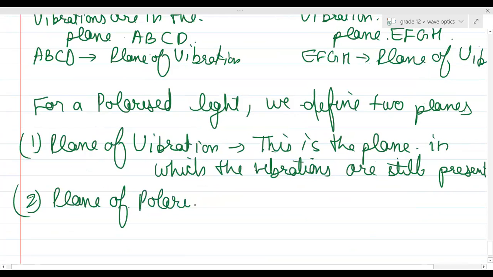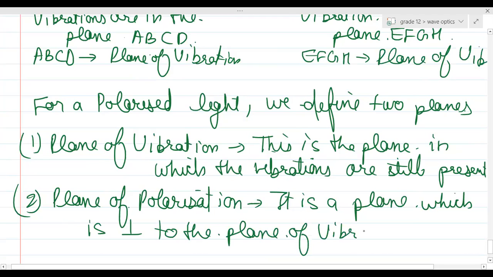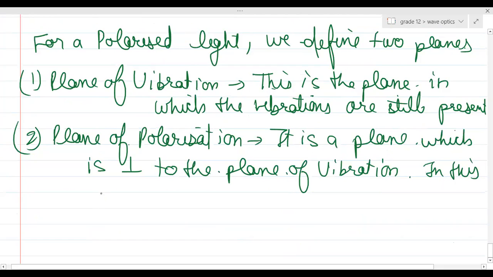The second case is the plane of polarization. So what is the plane of polarization? It is a plane which is perpendicular to the plane of vibration. In this plane, the vibrations have been completely stopped.